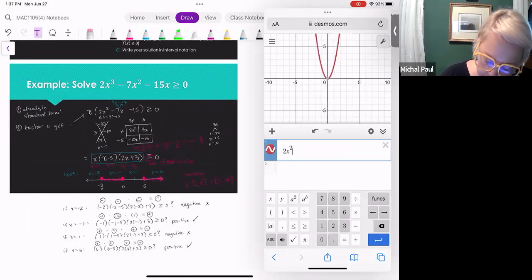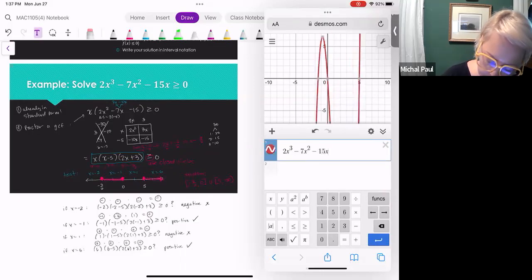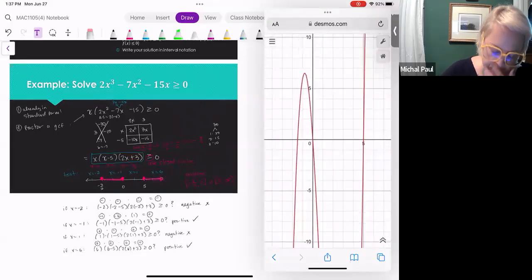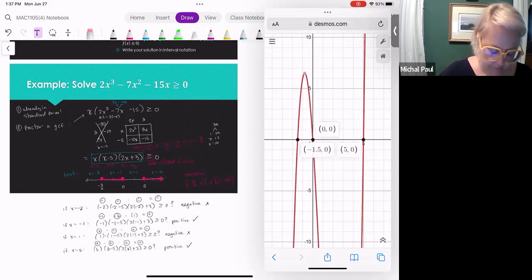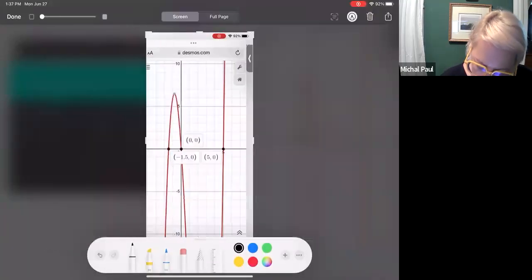2x to the power of 3 minus 7x squared minus 15x. All right, so here's my graph. And I'm going to take a little screenshot so I can actually write on this.